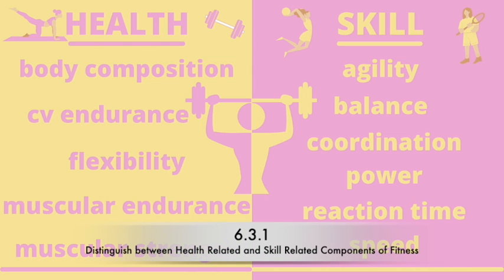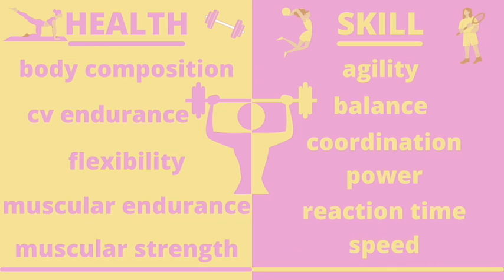So the first topic point here wants us to distinguish between health and skill-related components of fitness. As you can see in the diagram, there's 5 health-related components and 6 skill-related components of fitness. The easy way for me to remember these is looking at the skill-related components of fitness. Look at the first letter, ABCPRS.